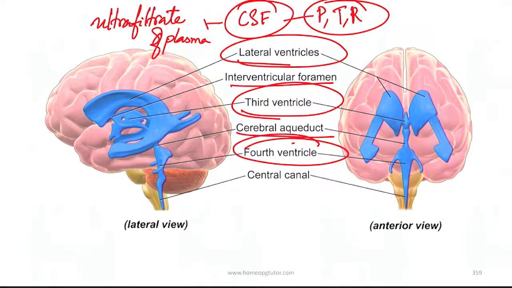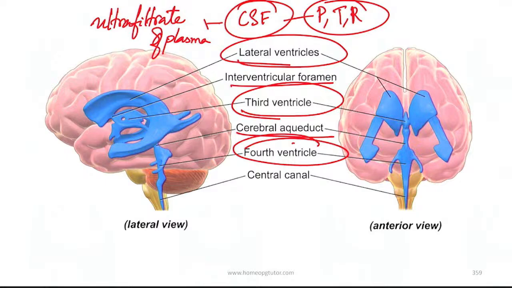It limits the neuronal damage. For example, if the person has a whiplash or a concussion, the CSF reduces the damage to the brain itself. And what is the actual weight of the brain? The CSF reduces the weight of the brain to 25 gram.